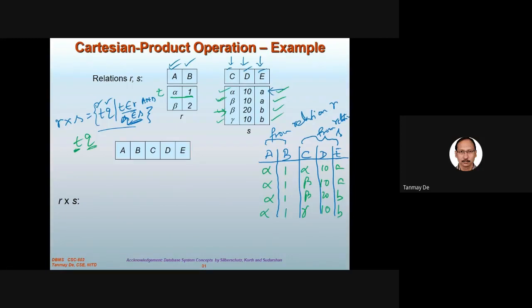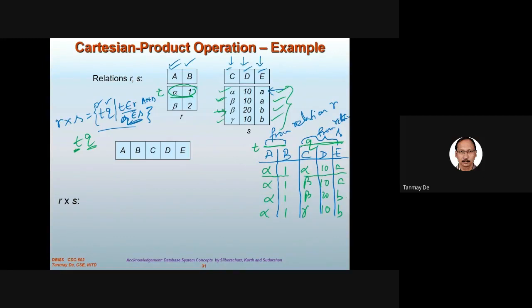That is, for the first tuple, it is merged with each of the tuples in relation S. So this part is T and this part is Q. Is that clear?